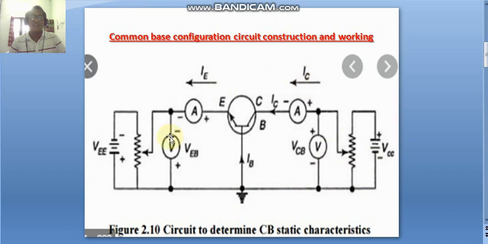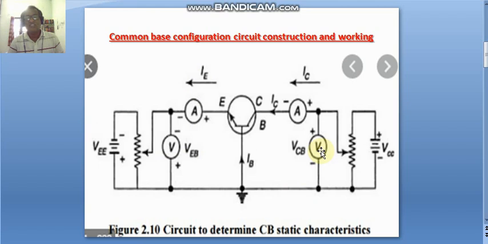Now if you come to the working part, initially we are operating this VEE. The VI characteristic curve in the input is represented by VEB versus IE at constant VCB.